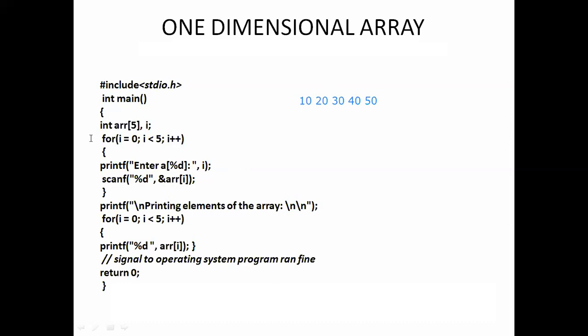For a[5], the system will allocate memory of 5 blocks, indexed 0 1 2 3 4, in this way.